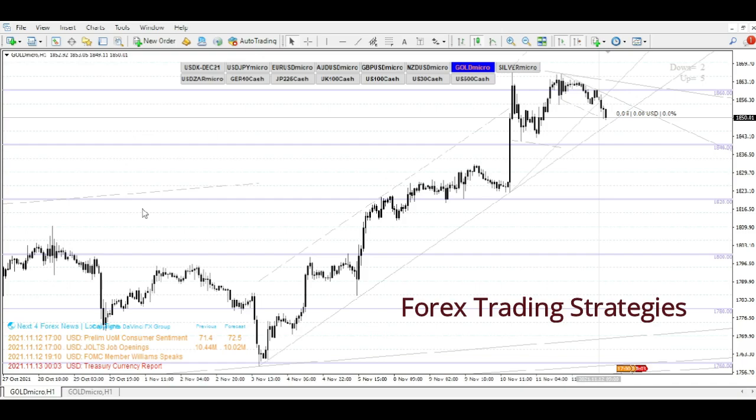So if he's risking $1, he expects to make $5 on that trade. You understand the risk to reward that's there. So understand risk to reward before you place any trades.